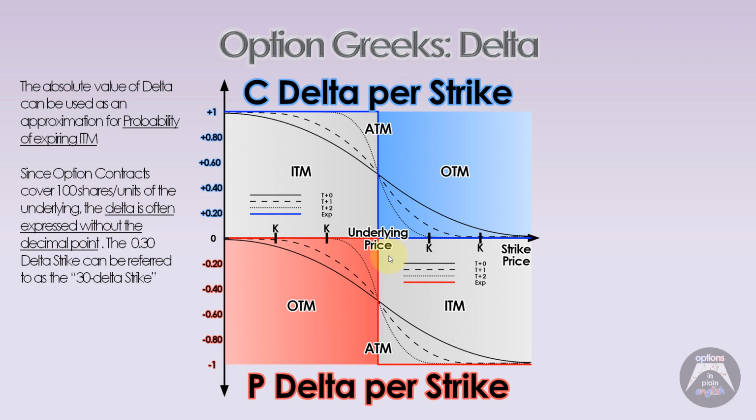I don't need to know that. If I tell you to go and buy the 40 delta call, it doesn't matter what underlying it is. I don't need to know the prices. I just need to know that the delta is 40, and I can find delta 40 in every underlying. That's why it's very important.